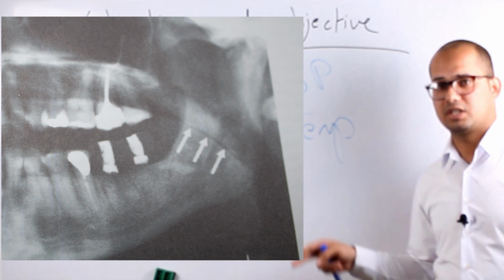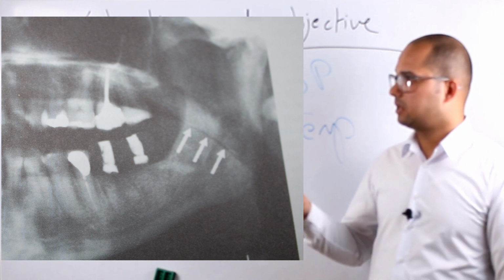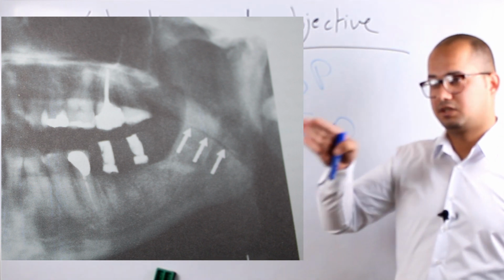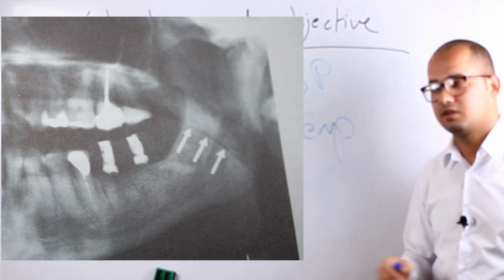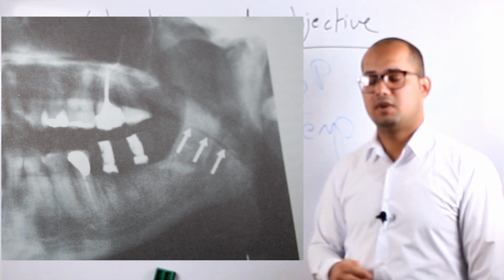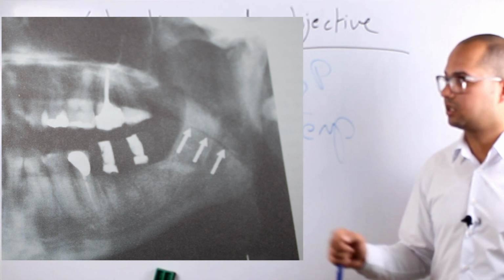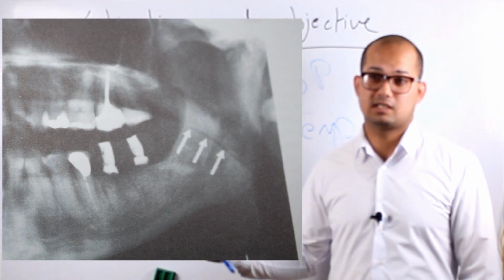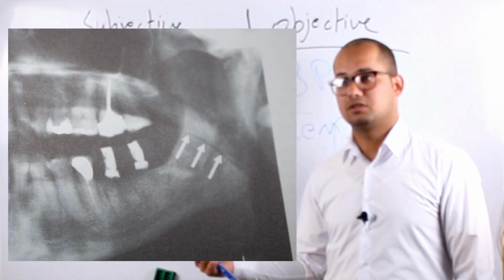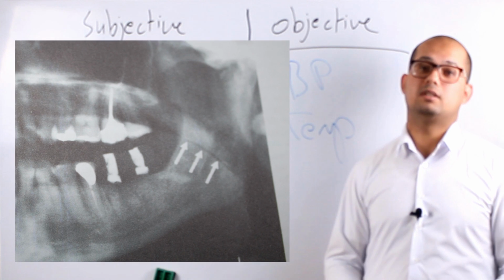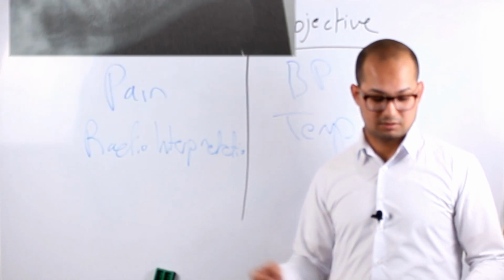This is an airway shadow. This is the soft palate appearing as a radiolucent line across the ramus. It is very frequently misinterpreted as a fracture line. The patient may then be referred to maxillofacial surgeons to fix that fracture, and we don't have a fracture. We misinterpreted.